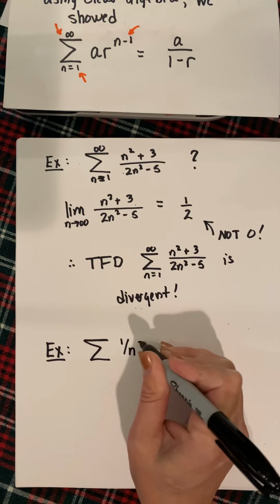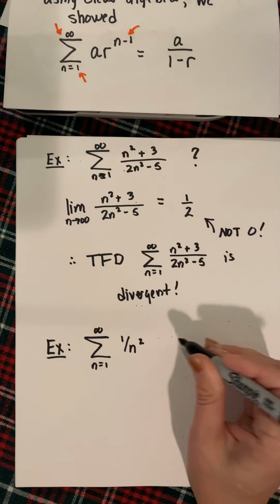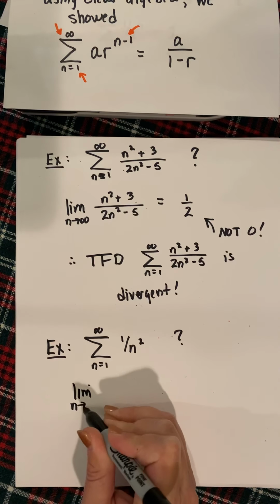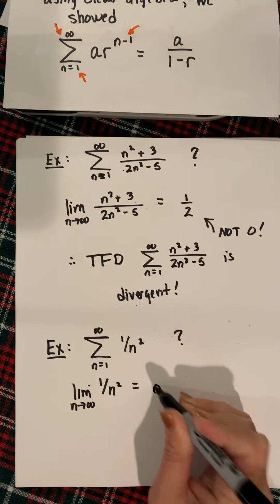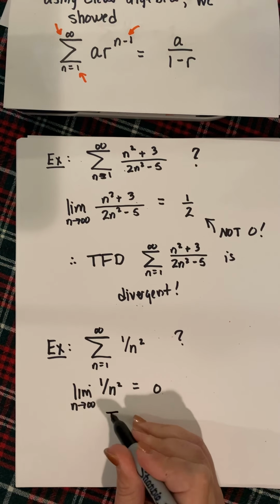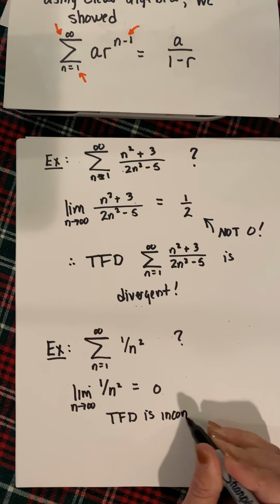Now consider the sum of 1 over n squared, n equals 1 to infinity. What do we know about this? The limit as n goes to infinity of 1 over n squared is equal to 0. But this test is inconclusive. The test for divergence is inconclusive.